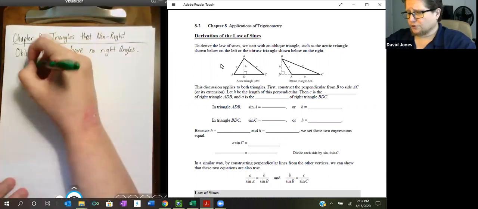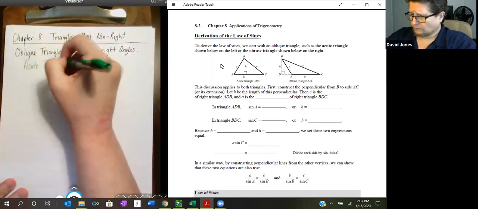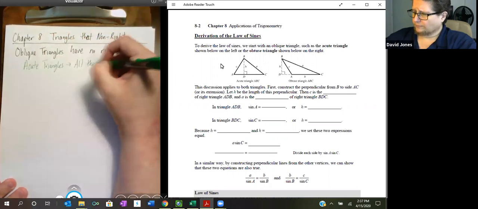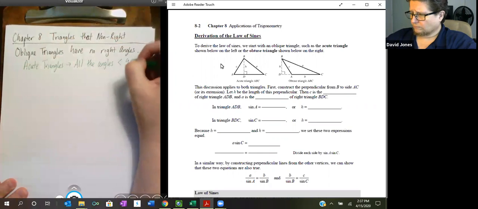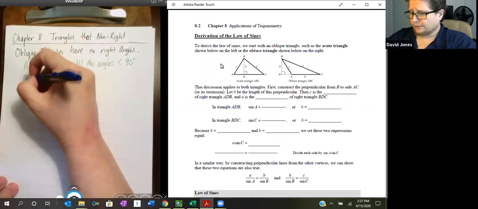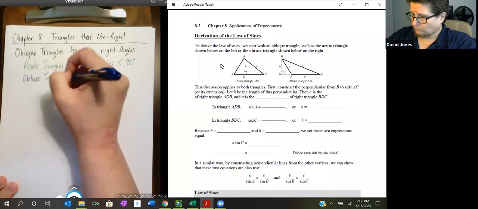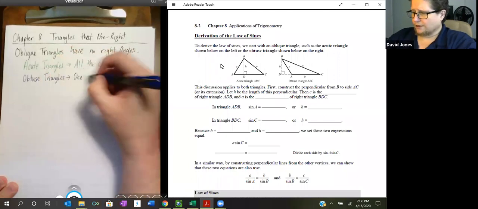We have acute triangles, where all the angles are less than 90, and we have obtuse triangles, where one angle is greater than 90.